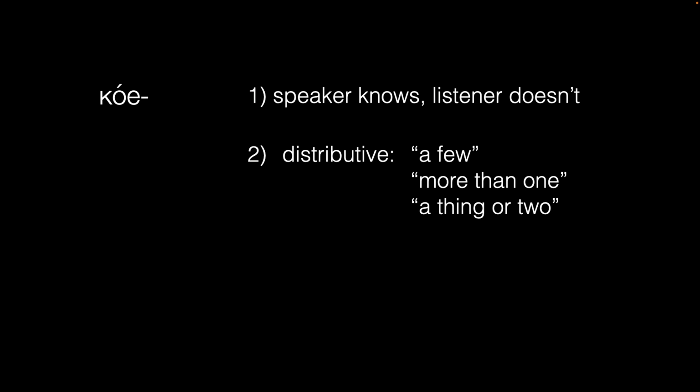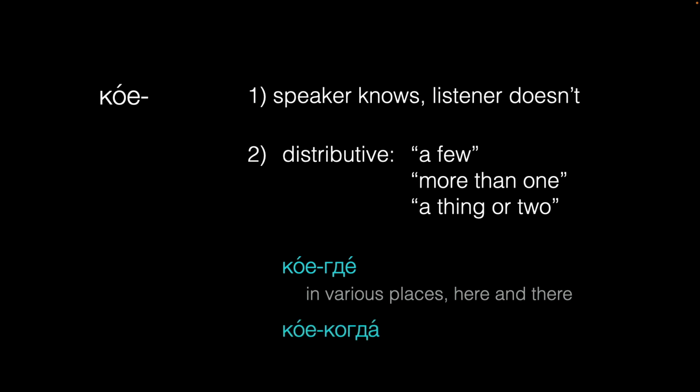Expressions with кое sometimes have an additional nuance, a kind of distributive meaning, the sense of a few, more than one, some indefinite plural. For example, кое-где can mean in various places, here and there. Кое-когда can mean occasionally, from time to time. Кое-где уже шел снег.